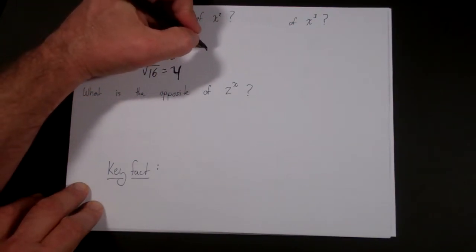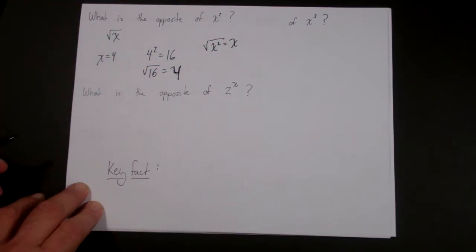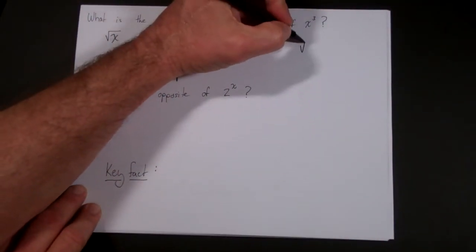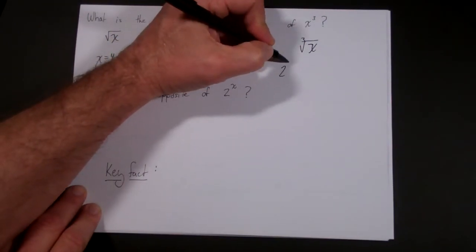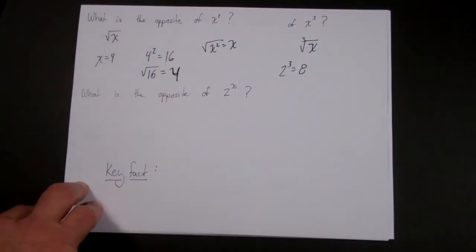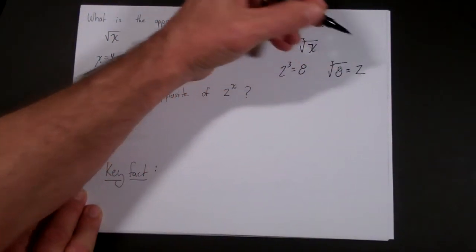So when you have the square root of x squared, you get x. The opposite of x cubed would be the cube root of x. So 2 to the 3rd is 8, 2 times 2 times 2, that's 8. So the cube root of 8, we say, is 2.